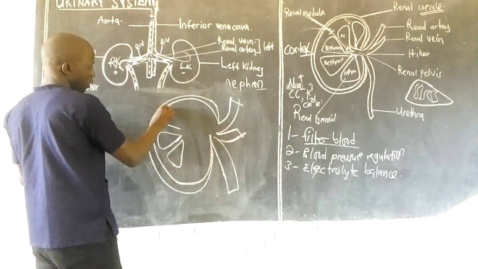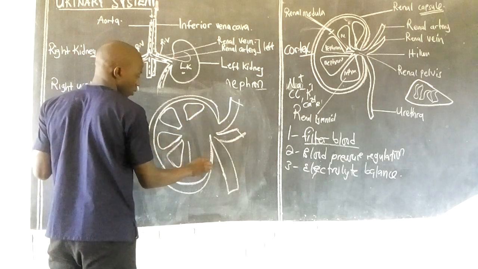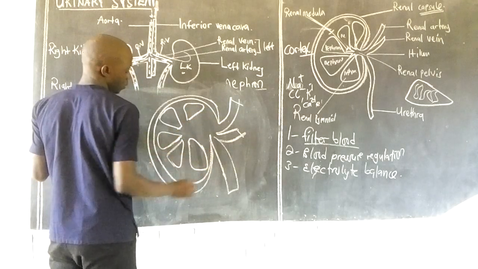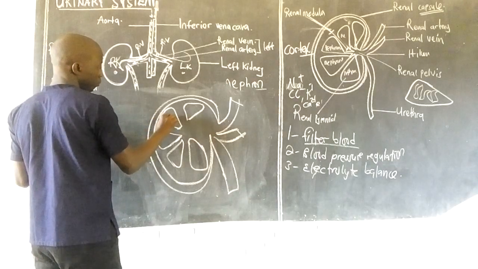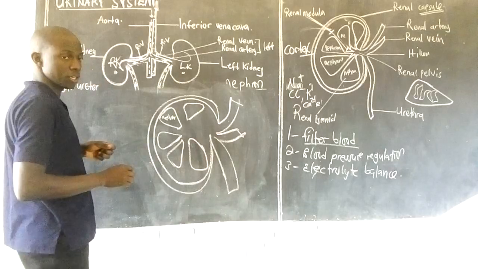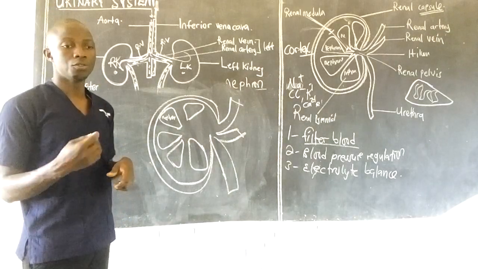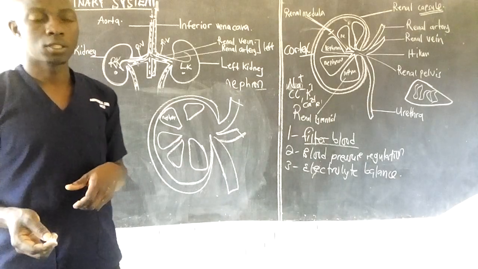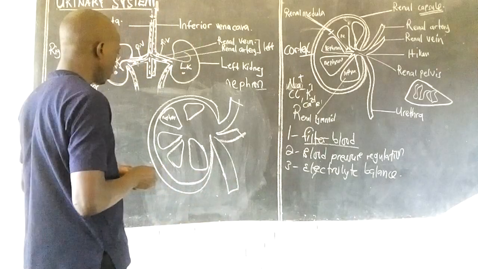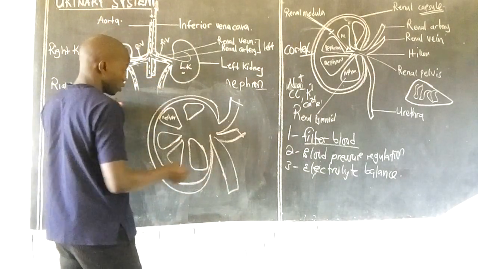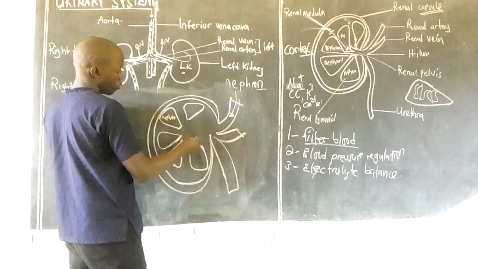These are the pyramids that make the renal medulla. Inside these renal pyramids we have the nephron. And we say the nephron is the functional unit of the what? Of the kidneys. So once blood enters through the renal artery, it enters into the renal medulla.